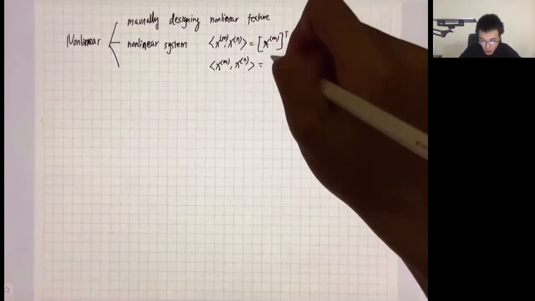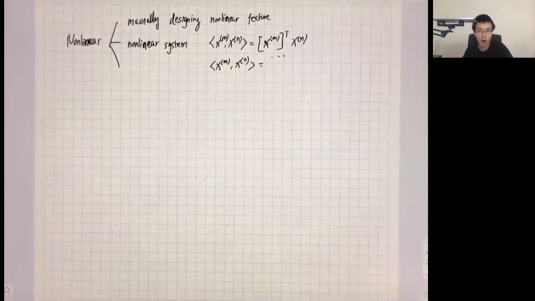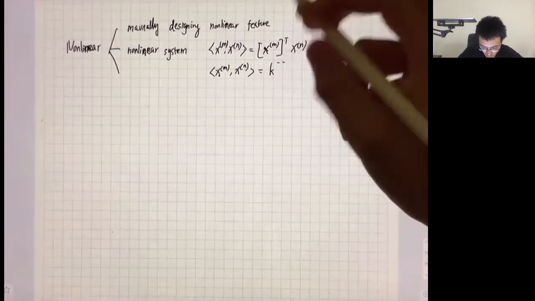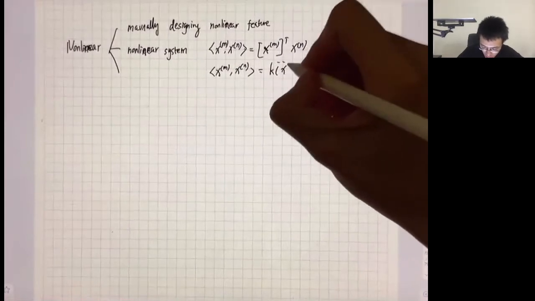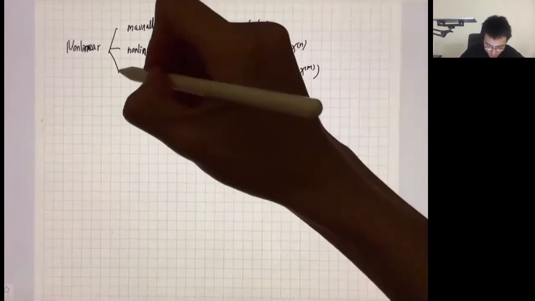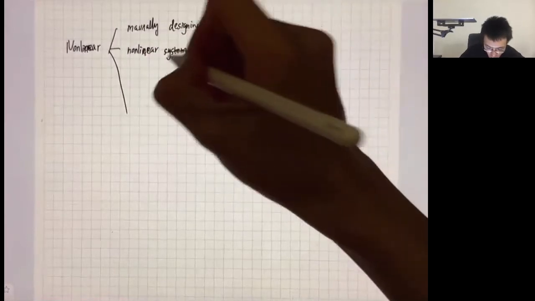It's not in this way, but it's still a kind of inner product. It turns out that it can be thought of as sort of linear inner product in probably a high dimensional space, and it becomes nonlinear in the original space. So this is known as some kernel of xn and xm, nonlinear kernel.